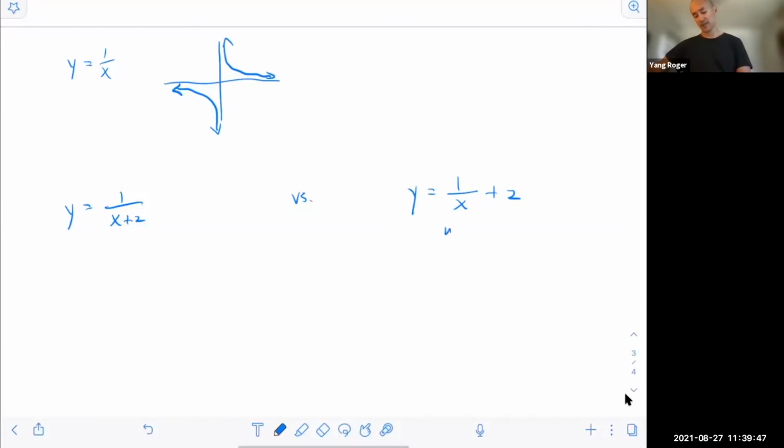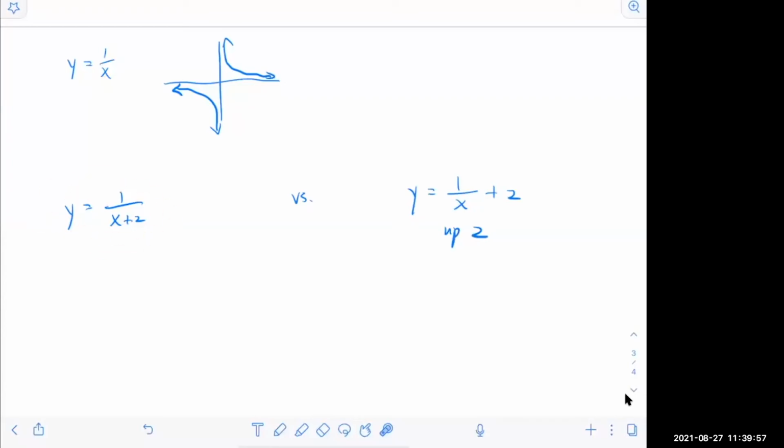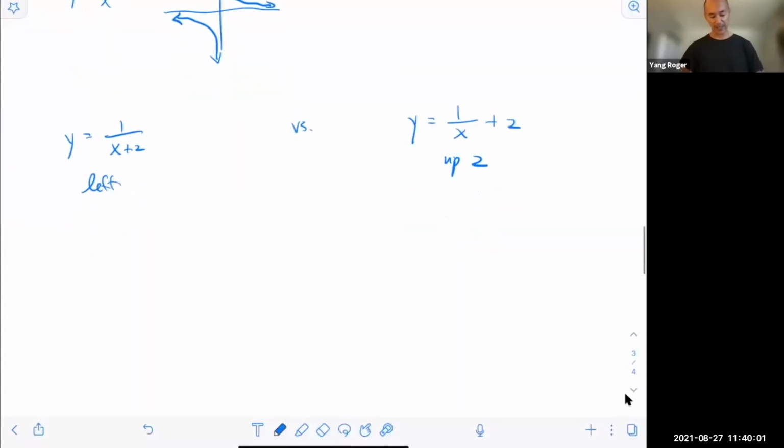That's correct. This is up 2. What about this one? That one moves left too. This is left 2. So our graph looks something like this. Does that make sense? This is left 2.